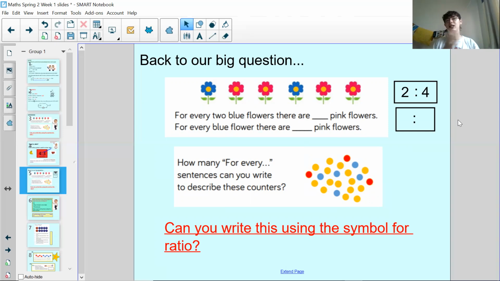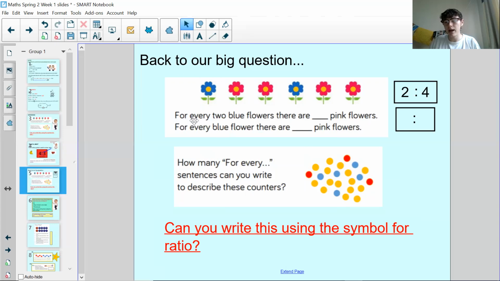But now let's look at it the other way. So for every blue flower, there are how many pink flowers? Now we have to be careful to read the question there because it's not plural anymore. It's not multiple blue flowers. For every 1 blue flower now, how many pink flowers are there? Okay, so we've done for every 2 blue flowers. What about 1?